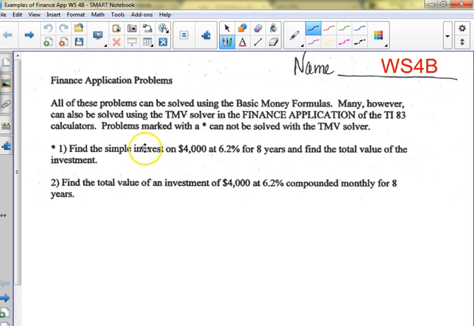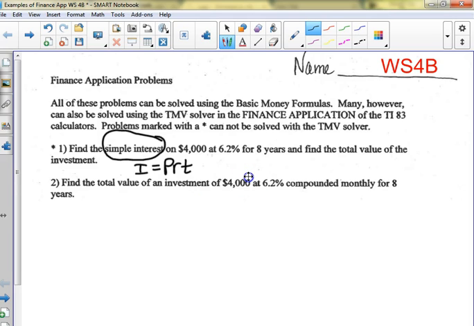All right, the first question on 4B says find simple interest. Okay, that is a formula that's on your sheet. The formula is I equals PRT. Simple interest. Banks don't usually charge simple interest, okay?